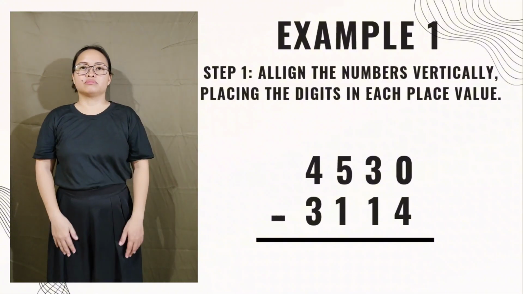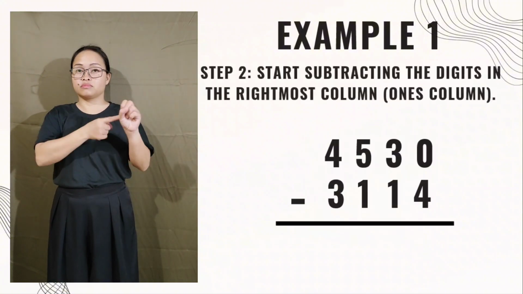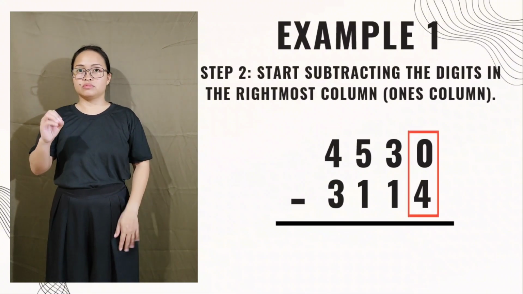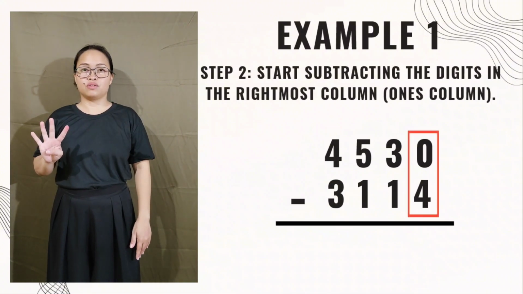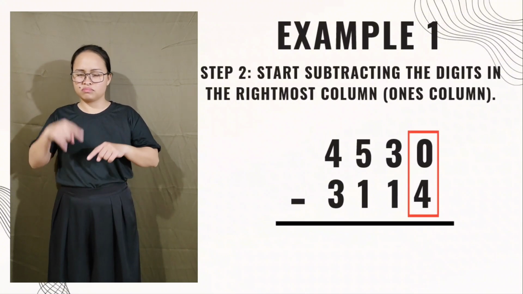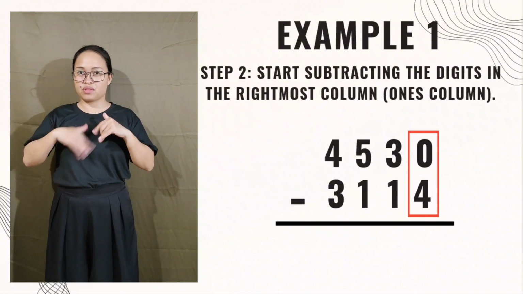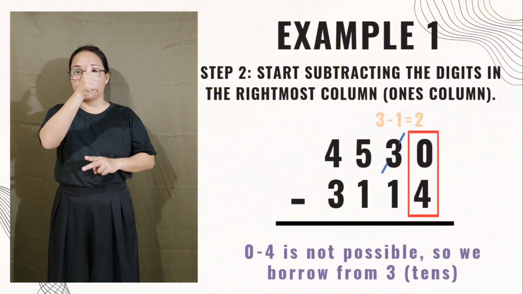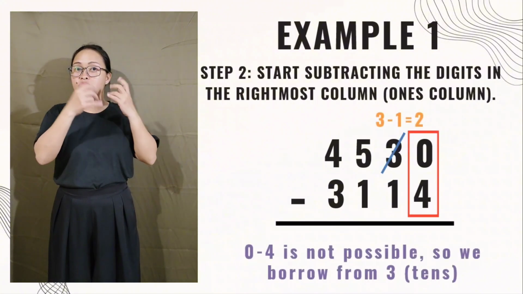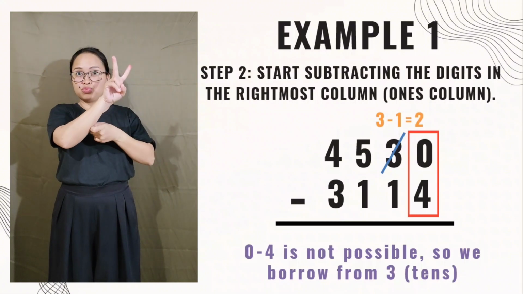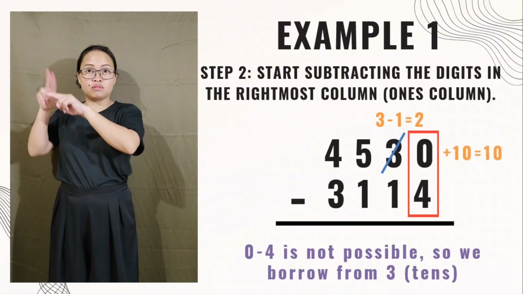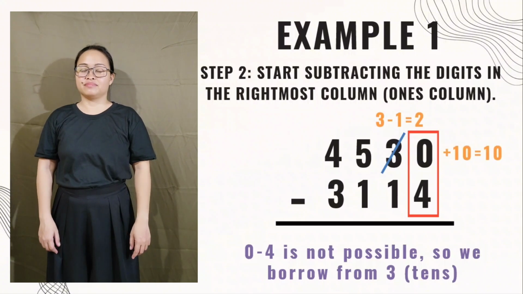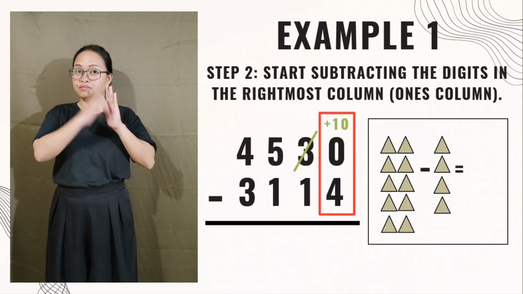Now step 2: let's start subtracting in ones place. 0 minus 4. 0 minus 4 is not possible since 0 is less than 4, so we need to borrow 10 from tens place. Now 3 becomes 2 and 0 becomes 10. So now we can subtract 4 from 10.